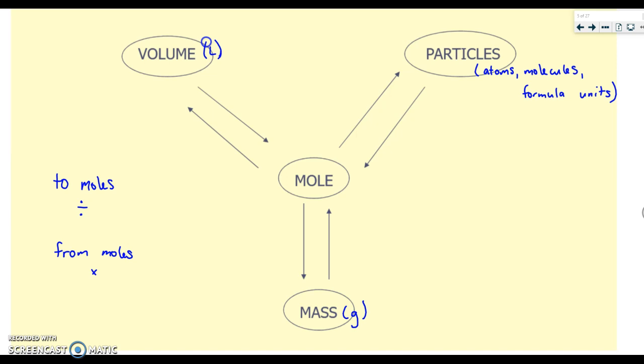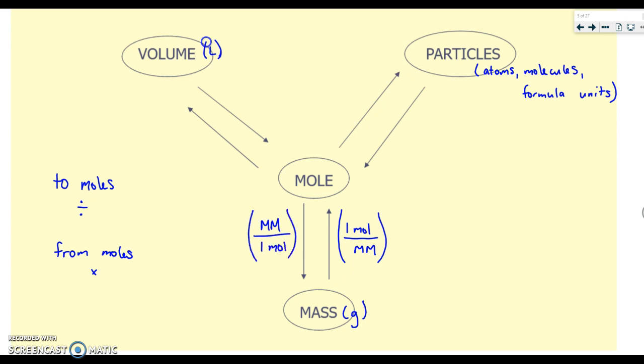So if I'm going from mass to moles, I need to use this as my conversion factor: 1 mole divided by the molar mass. That's going to be our abbreviation for molar mass, MM. If I'm going the other way, the conversion factor is flipped, so molar mass over 1 mole.